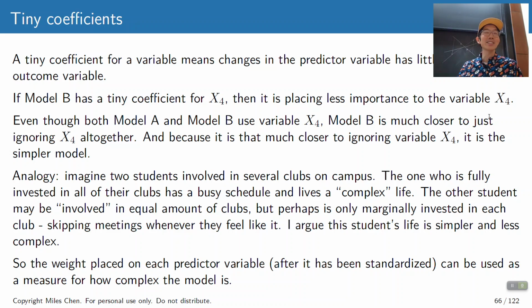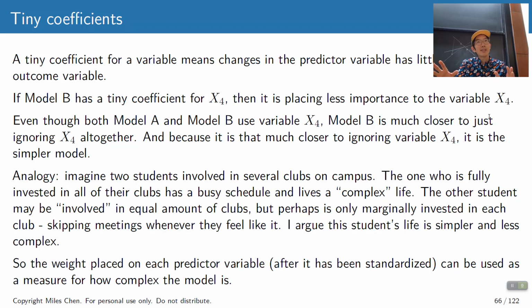The other student maybe is involved in the same exact clubs, okay? But this other student isn't in the leadership positions, isn't as committed to every single one of these clubs, and so when that student says, it's all right if I miss a meeting, it's not that big of a deal, okay? And I would say that student who's less committed has the simpler, less complex life, right?